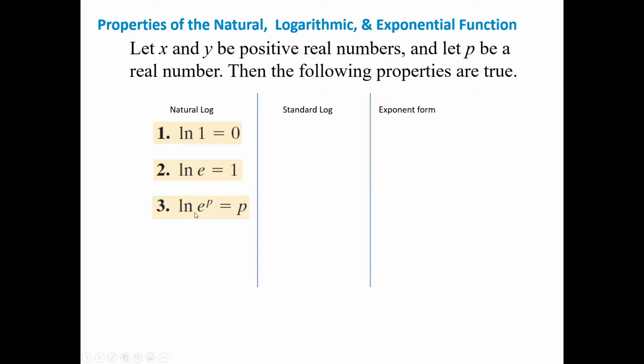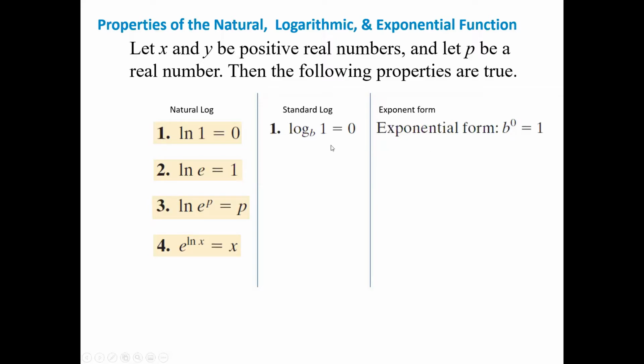Natural log of e to the p gives you p. And e to the natural log of x gives you x. The format for standard logs: log of 1 gives you 0, and here's the exponential form to go with that.